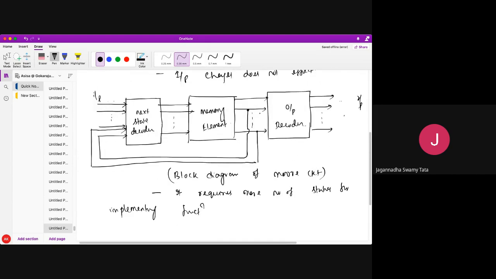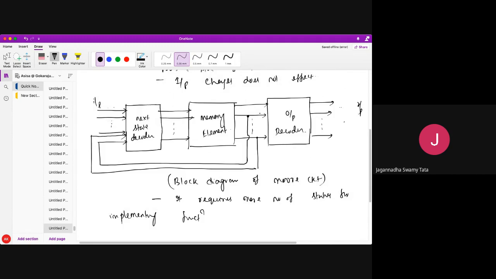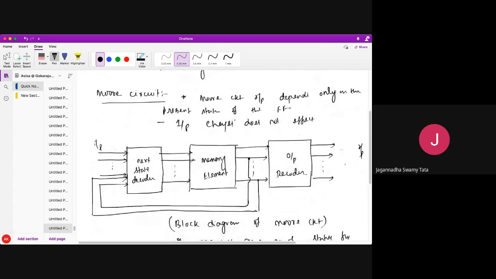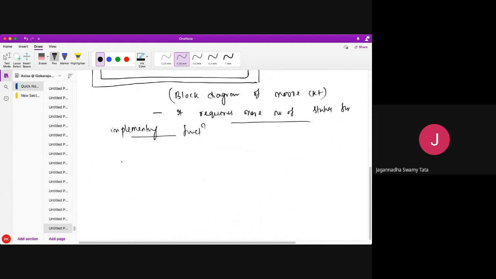If it requires 5 states for implementing a function using a Mealy circuit, then the same function using a Moore circuit requires more than 5 states. Let's say Moore requires 6 states, Mealy 4 states only. So this is the difference between Mealy and Moore.